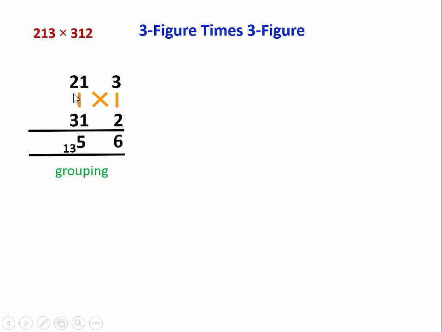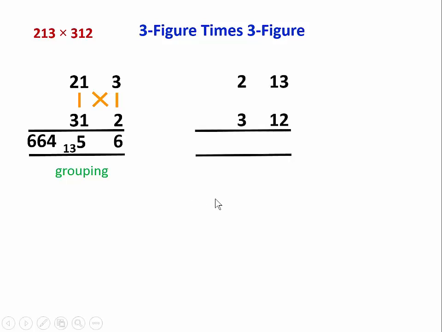Well, again, we've got a 2-figure number times a 2-figure number. We can use vertically and crosswise. This one's very easy because there are no carries. We get a 1 multiplying vertically here. We get 2 and 3 is 5 crosswise, and we get 2 3s are 6. We get 6 5 1, and we have to add on the 13, so that's 6 6 4. That's the answer, 6 6 4 5 6.